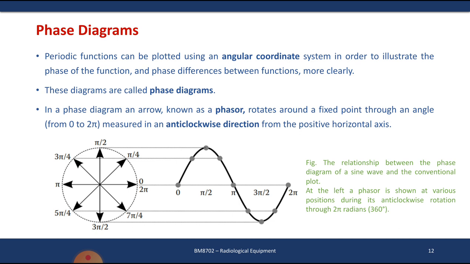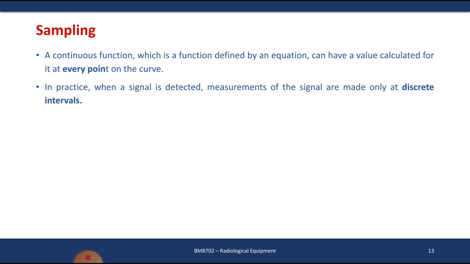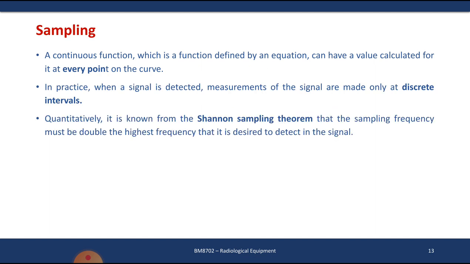This is also important. Next thing is sampling. What is sampling? Sampling is basically dividing a continuous time signal into a discrete time signal at some interval, right? It follows the Shannon sampling theorem. What is the sampling theorem? Any signal has to be sampled at at least twice the maximum frequency, right?